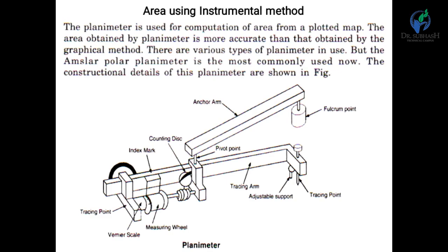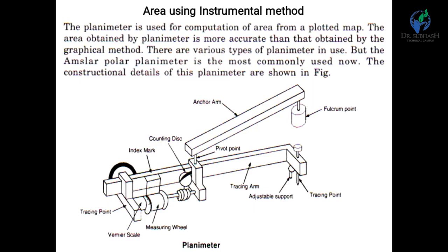For irregular boundaries, we also know there are no proper formulas for calculating accurate areas. For that purpose, to calculate areas from a plotted scale map, we use the planimeter. The figure shows the planimeter and its different part notations.